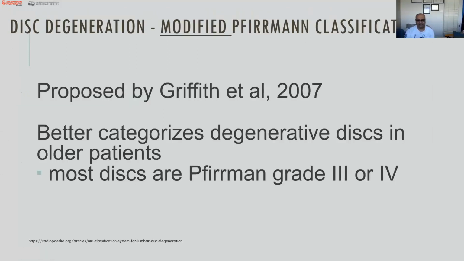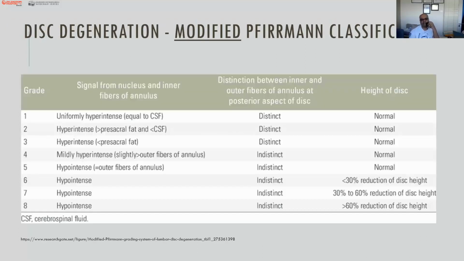Again, in 2007, Griffith modified it for a better understanding, but basically still it remains the same. He subdivided the Fuhrmann 3 and 4 further, and the next slide will take you through how he divided it.